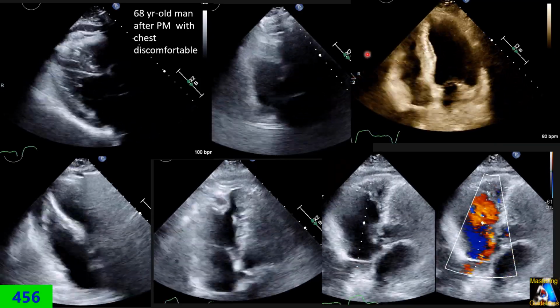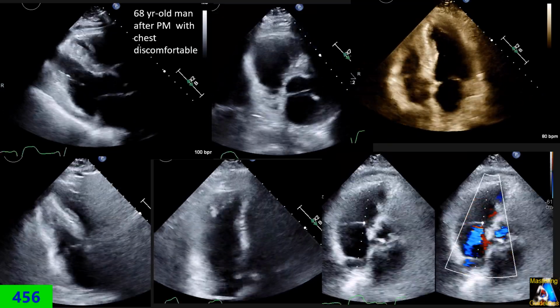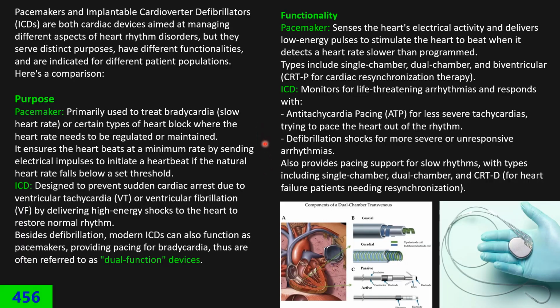Now, let's go to the explanation. Before I explain those two cases, first I'd like to give a short review of these topics. As you know, one of the best techniques for long-term management of arrhythmia is implantable electronic devices, which are divided into two groups: pacemaker and ICD, or implantable cardioverter defibrillator.